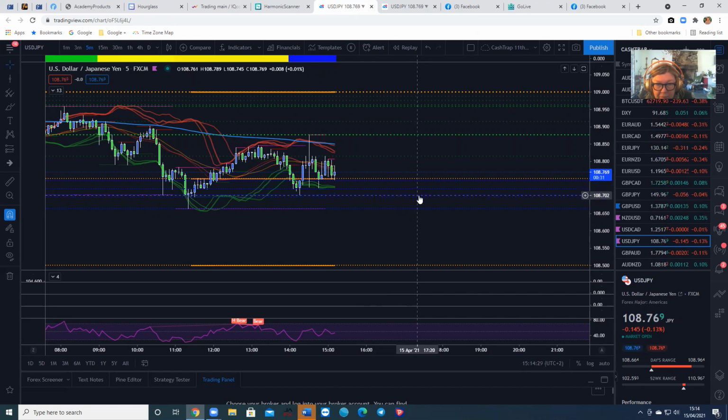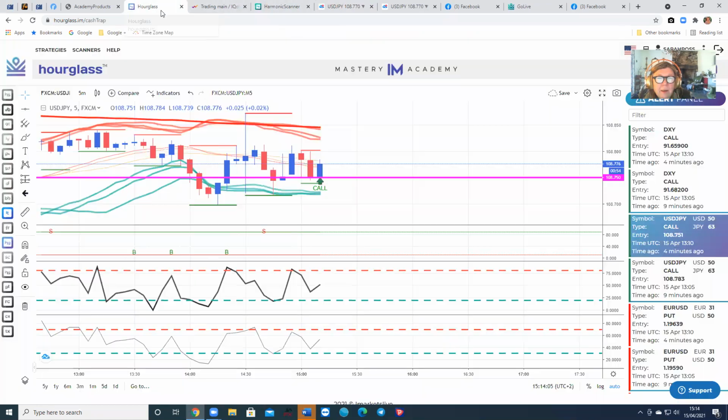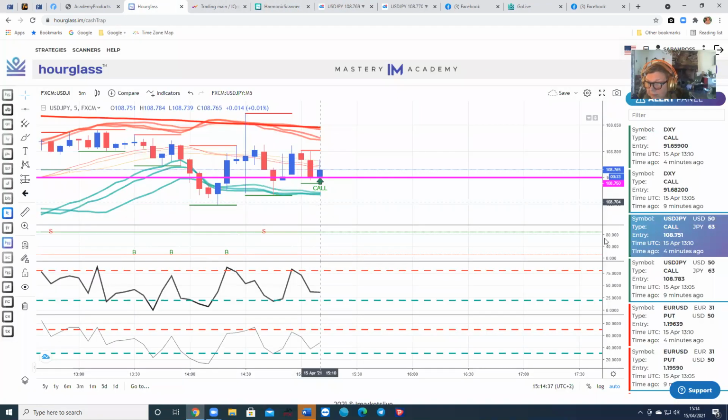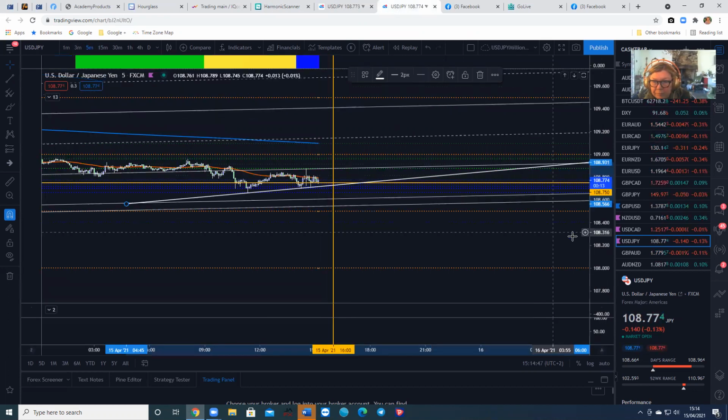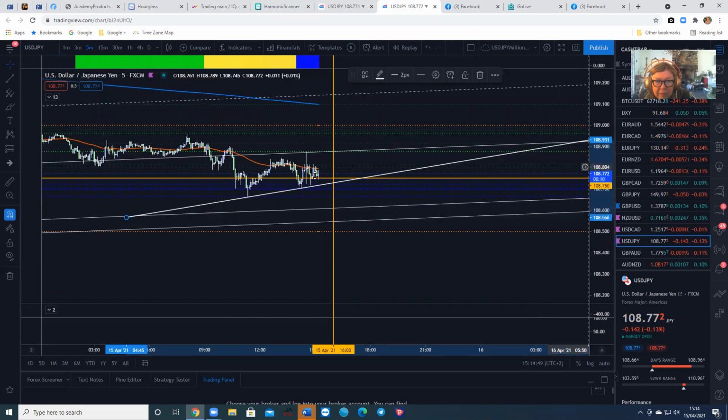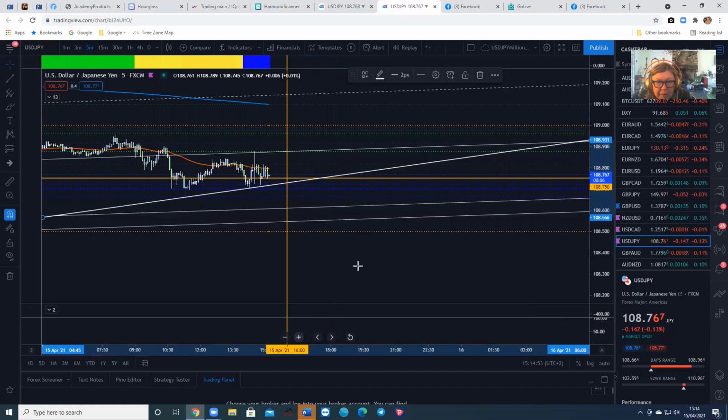I've got price, we'll come back and look at price on the other one. On HourGlass, it is at 765. We're just coming to the 15-minute mark. So I'm just looking on here.